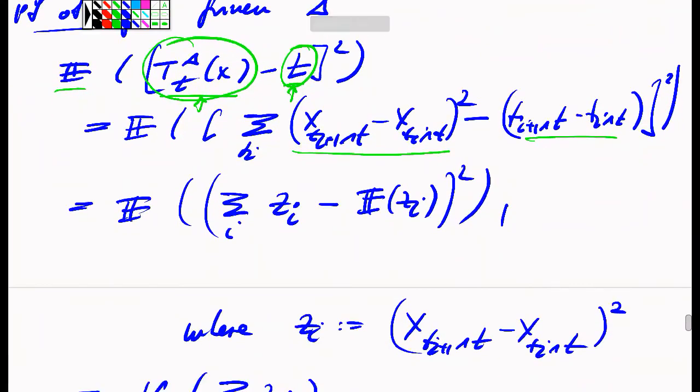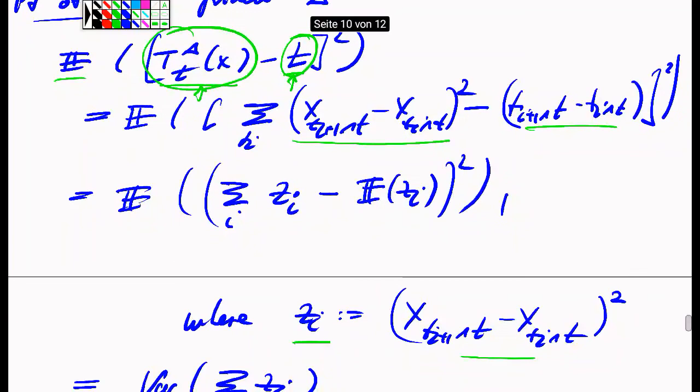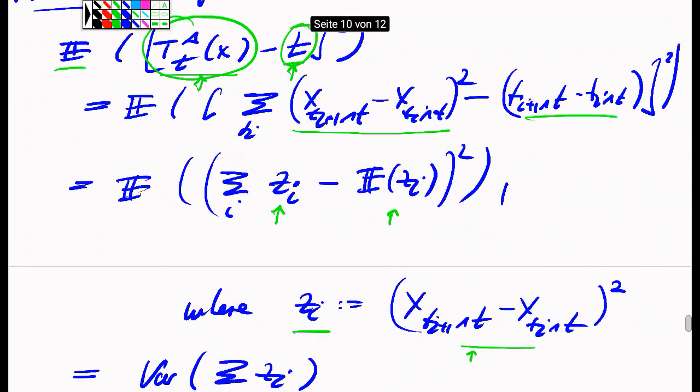If I introduce a random variable Z_i, which is just the square of this increment, then I see that I'm having here the sum of the Z_i variables. It's just a relabeling of the quantities which appear before. Then I have Z_i minus the expected value of Z_i, where I sum over the Z_i's.